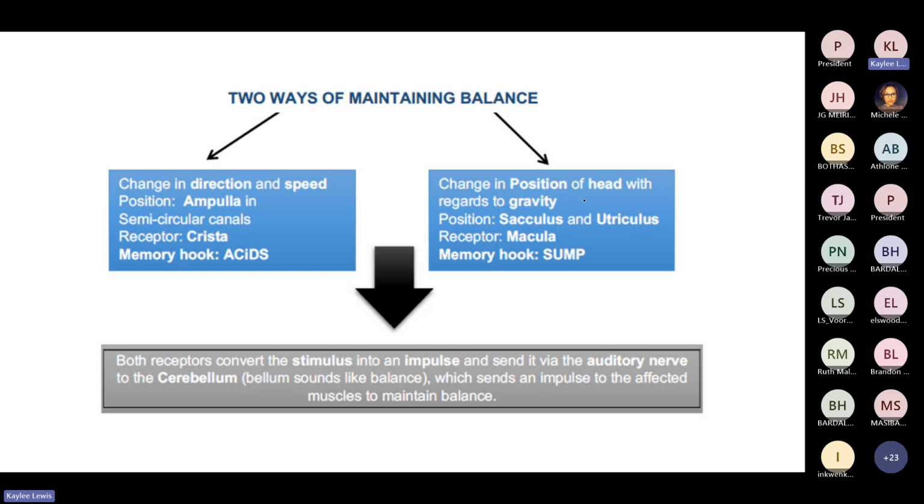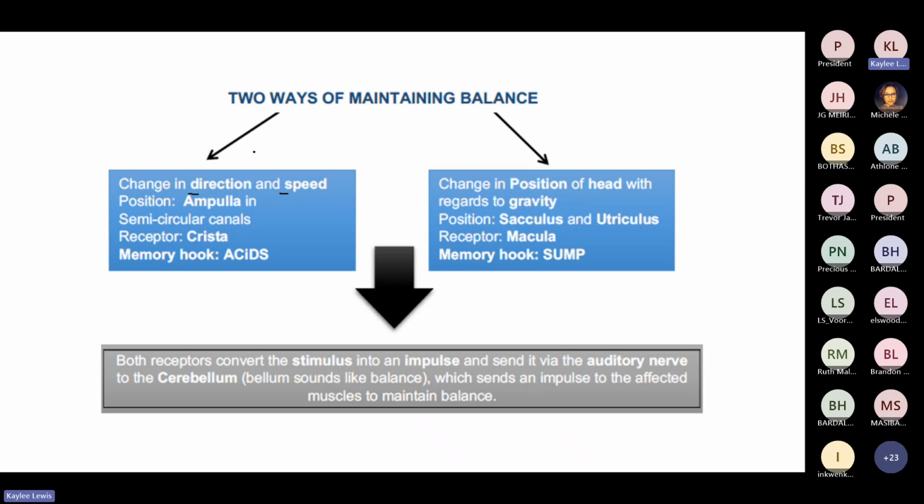All right, so how do we maintain balance? If they ask for change in direction and speed of the head, imagine you're running and looking from side to side. How are you making sure you don't fall over and that you maintain your balance?